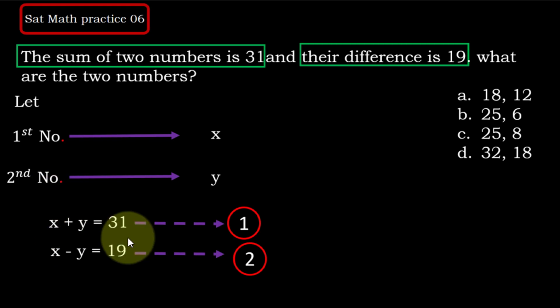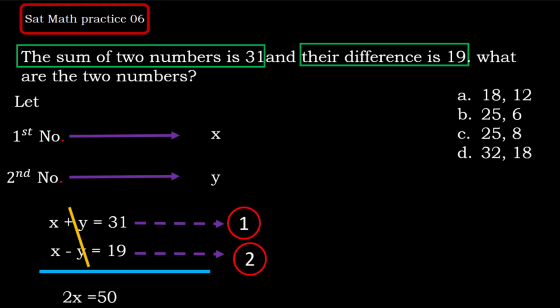So the first step is to solve for x. To find the value of y, we substitute the value of x in equation number 1 or equation number 2. Now by adding, we get rid of the y variables.